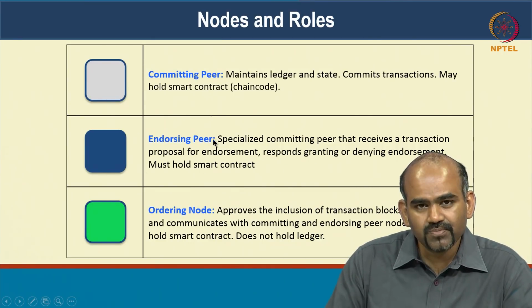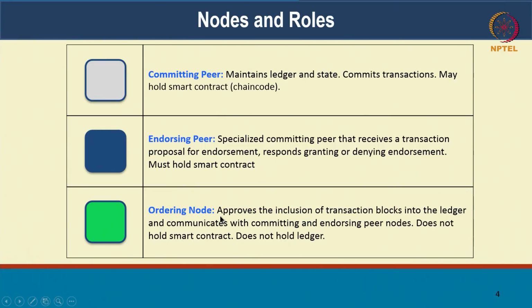And apart from the peers, we have an ordering node, which is going to approve the inclusion of transactions into a particular block. It's going to order these transactions that may be seen across the network from multiple peers, and it's going to communicate to all the peers the order in which the transactions must be committed. So the ordering service ensures that all the transactions are totally ordered.